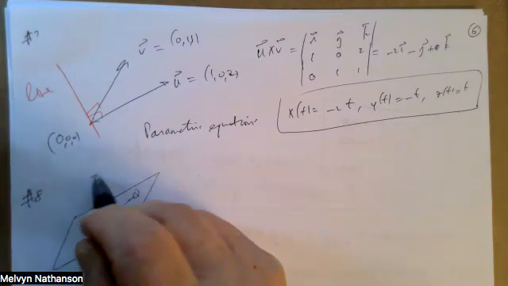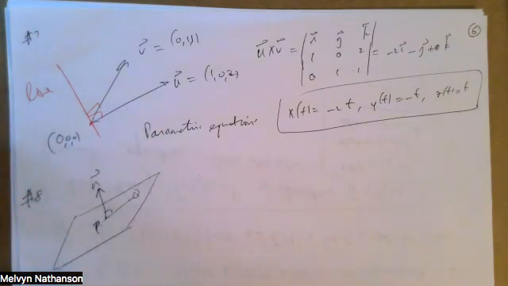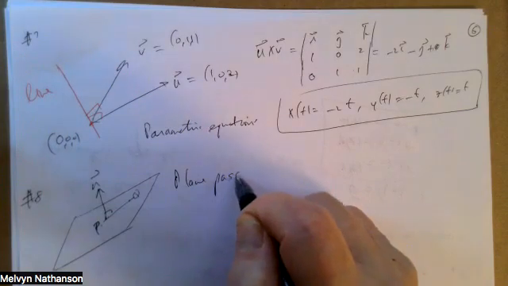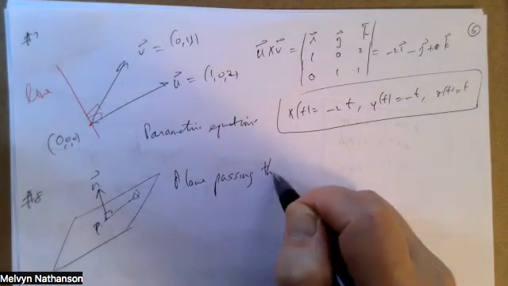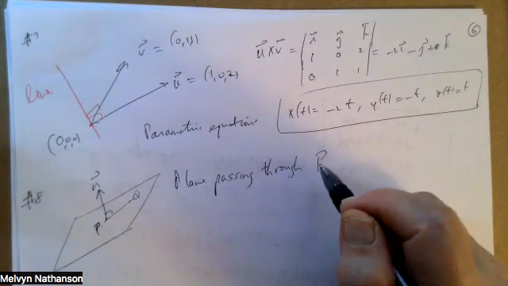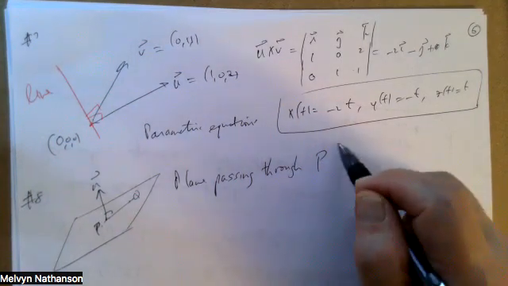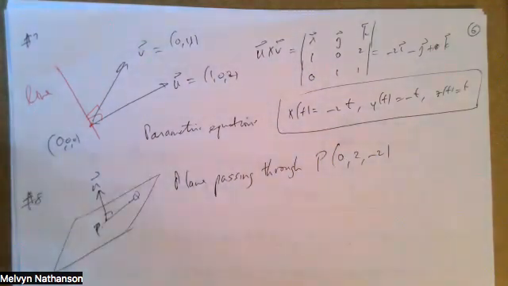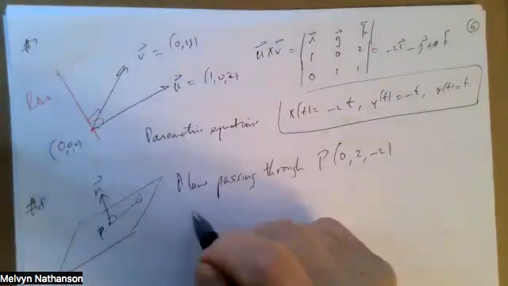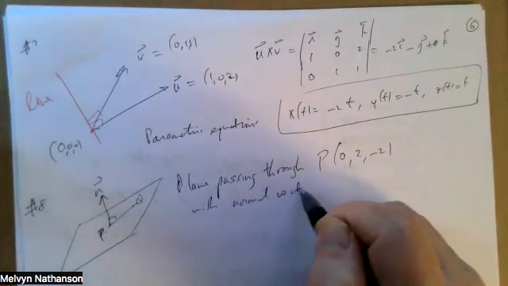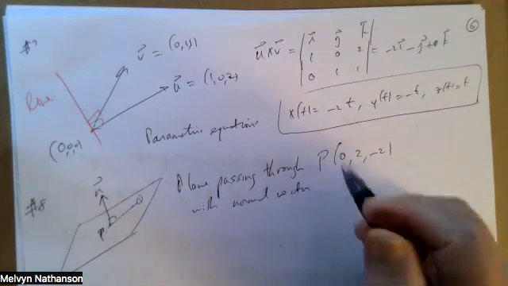So if you have a normal vector and a point, you can determine the equation of a plane. So we want to find the plane passing through the point P with coordinates 0, 2, minus 2, with normal vector 1, 1, minus 1.